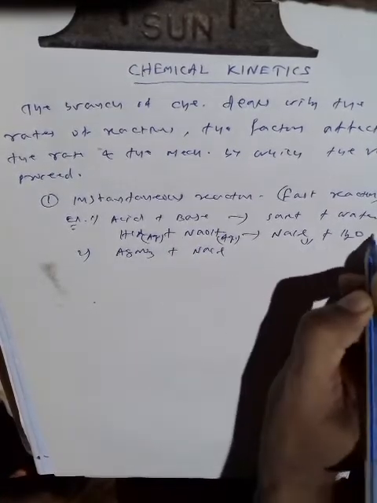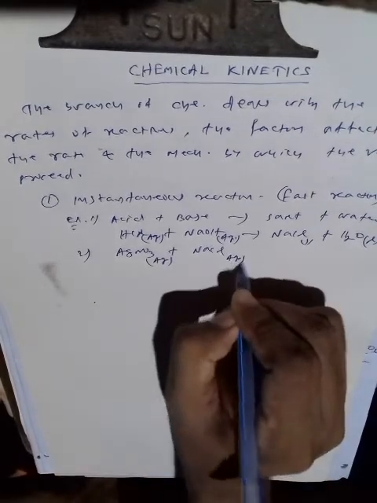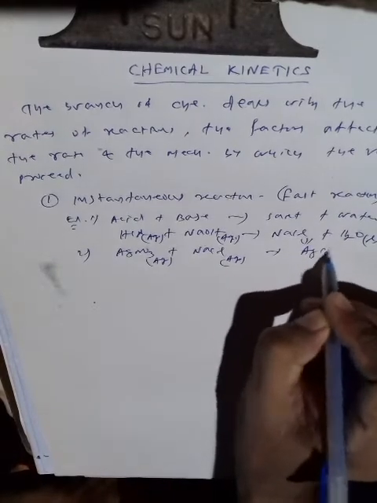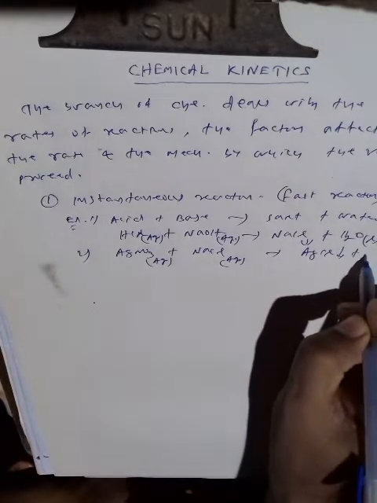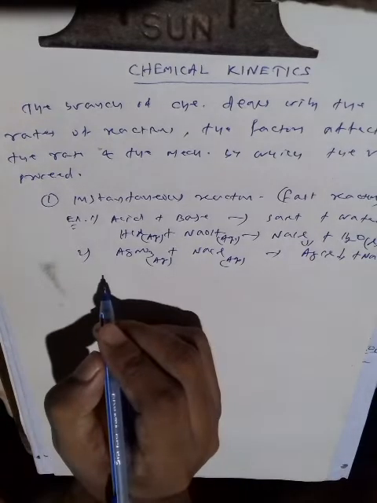We will get silver chloride, a precipitate deposited at the bottom, and sodium nitrate. This reaction is also very fast and known as an instantaneous reaction. These reactions have a very fast rate because the reactions get completed very fast.